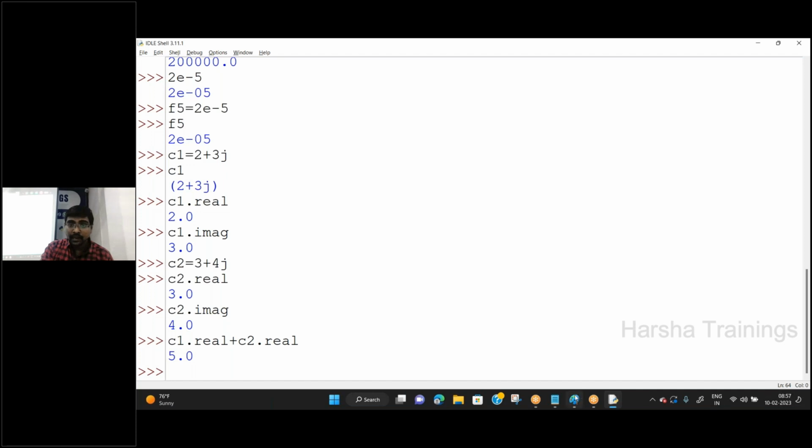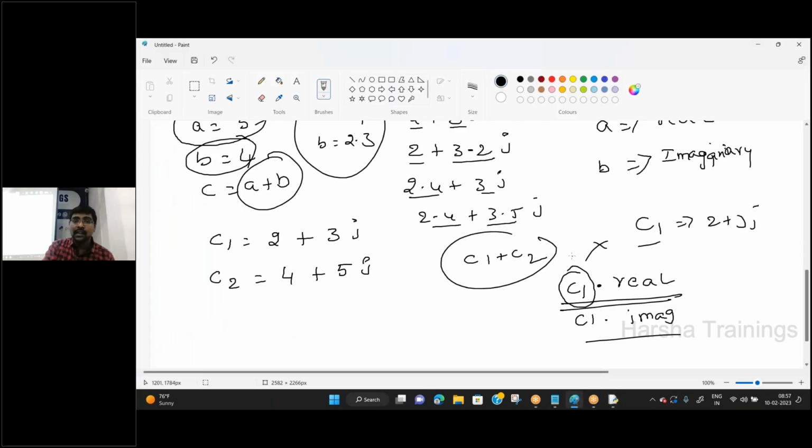Okay. Now, I will explain the last point related to complex, not at all completed. What we discussed is in the form of A plus Bj. A, B are integers or floating values, and then we extract the real part by using dot real, and the imaginary part by using dot imag. Clear?